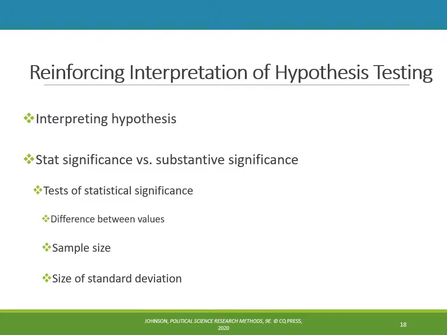I'll give you some of the things that impact statistical significance to show you this. The first thing is that as the values in our two groups become more and more different, the difference between them increases. Let's say one value is 10 and the other value is 1, then you're more likely to reach statistical significance for that reason alone. But does it have a substantive meaning?